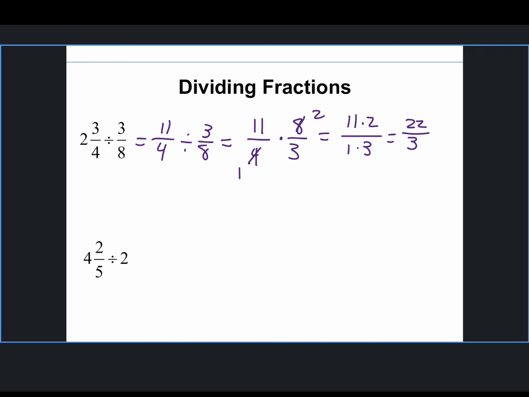Now that you have that framework, I'd like for you to do 4 2/5 divided by 2. Take just a few minutes to do that.